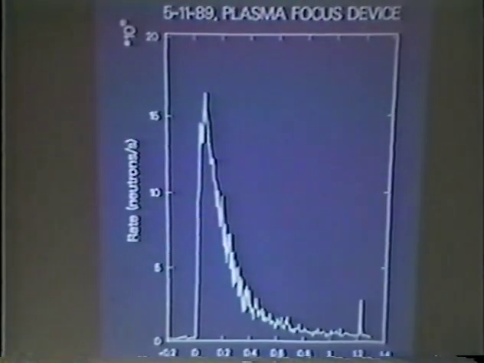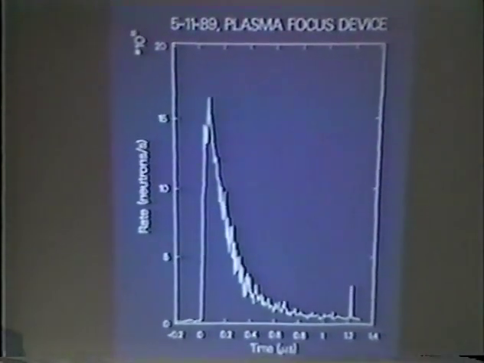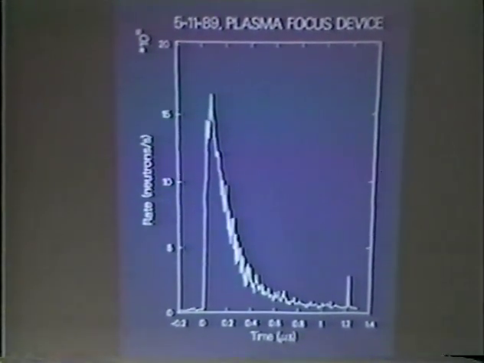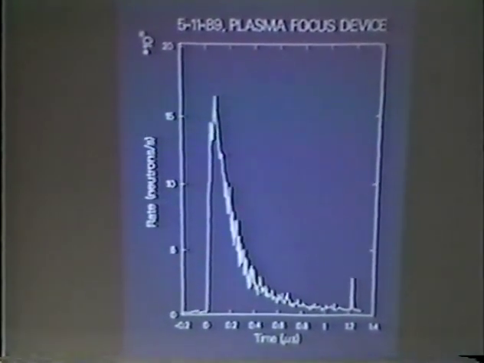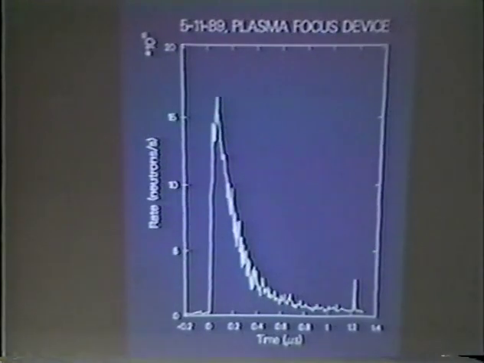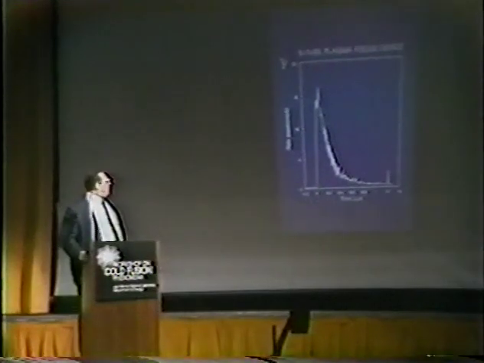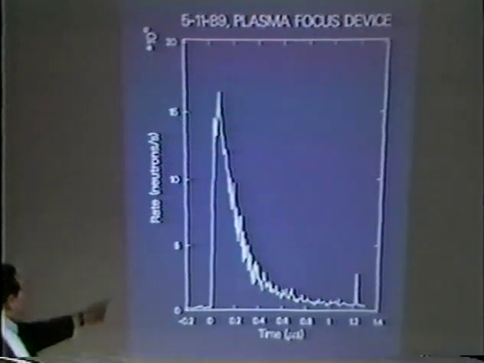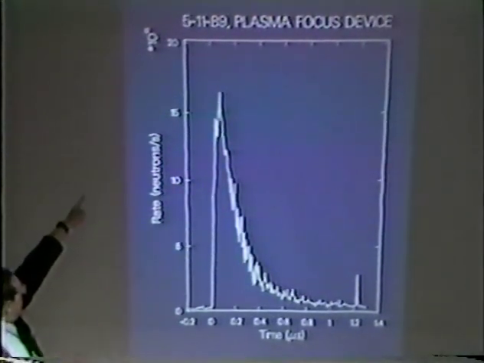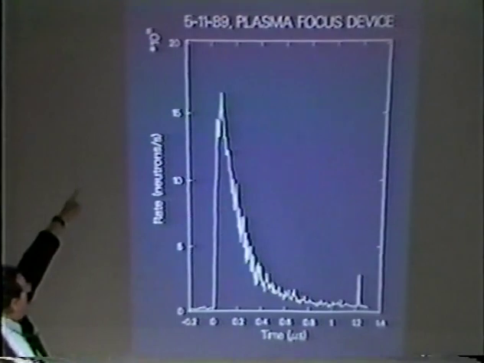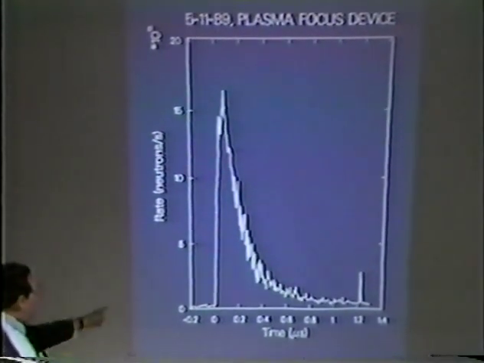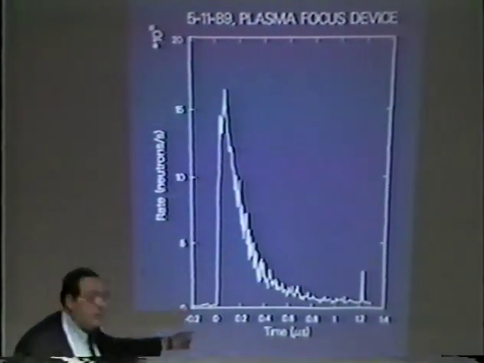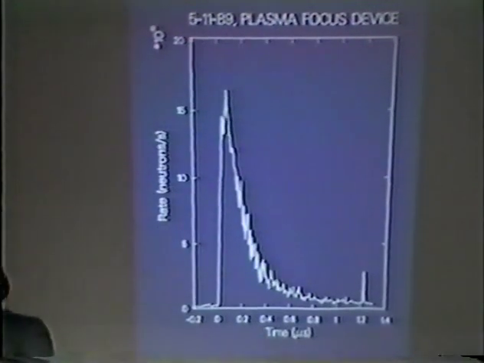Next overhead. We wanted to test our detectors, and so we organized a special experiment in not this instrument, but something completely different, a plasma-focus device. And what you can see here is a neutron rate on the vertical scale going up to a height I'll draw your attention to of 20 times 10 to the 15 neutrons per second in a time scale which goes out to a microsecond.